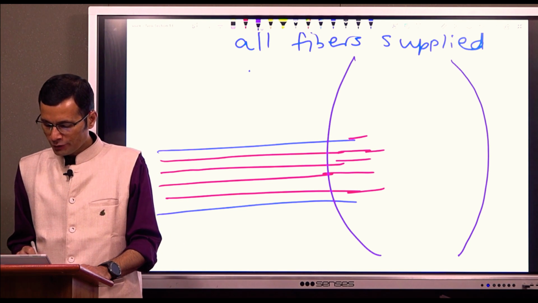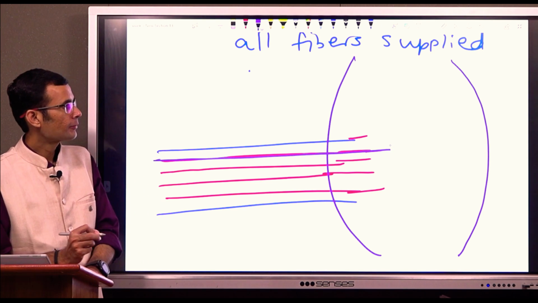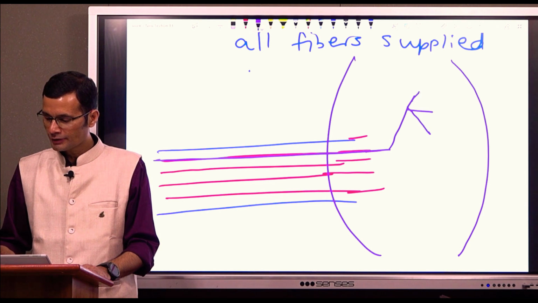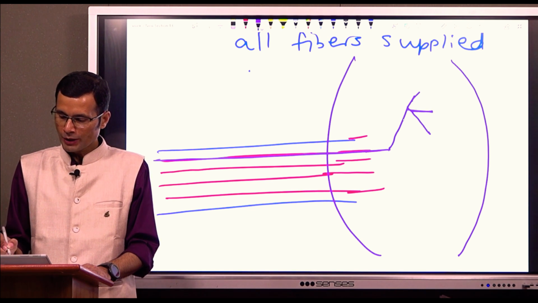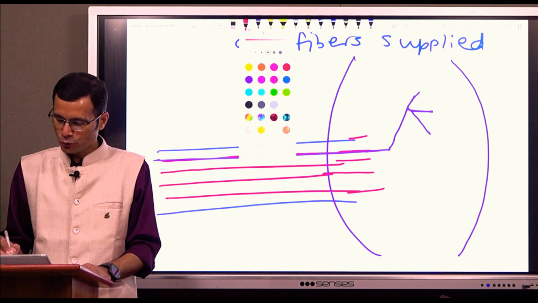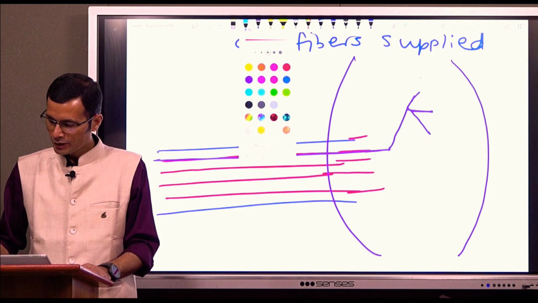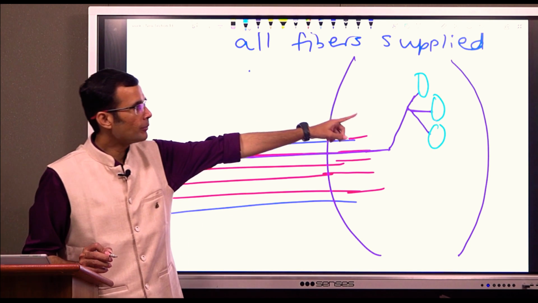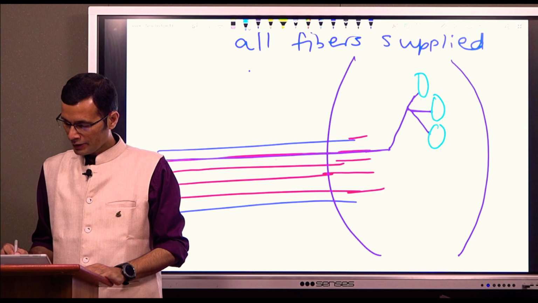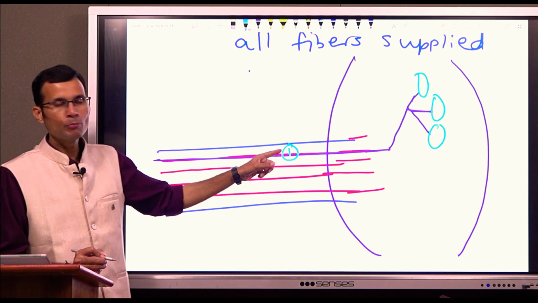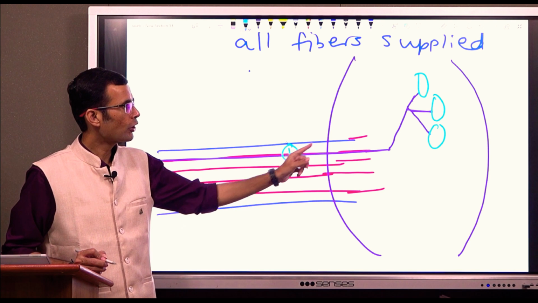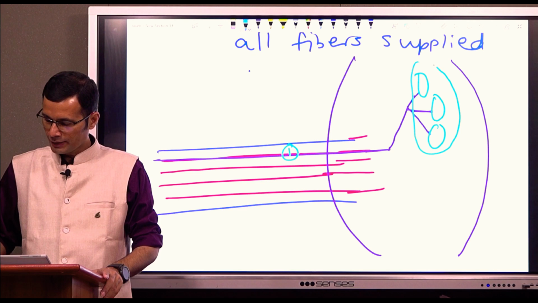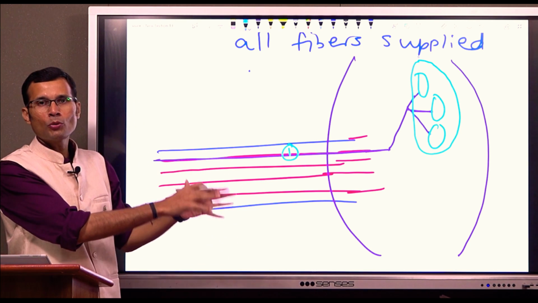Now, this one single motor neuron and its branches, let's say these are the three branches of that motor neuron and the muscle fibers supplied by those branches, that makes one motor unit. So, these three muscle fibers are supplied by this number one motor neuron. One single motor neuron, its branches and all the muscle fibers supplied by that. That is one single motor unit.